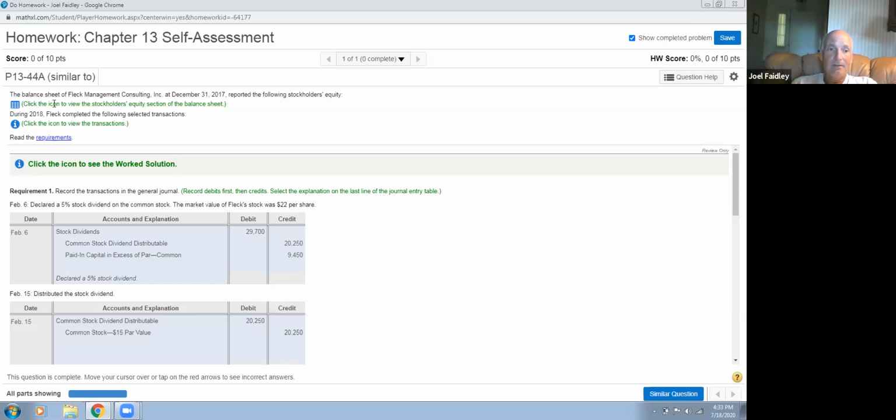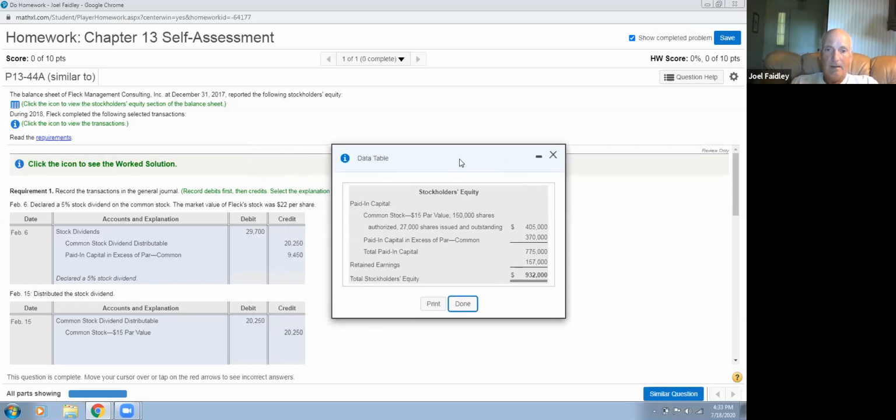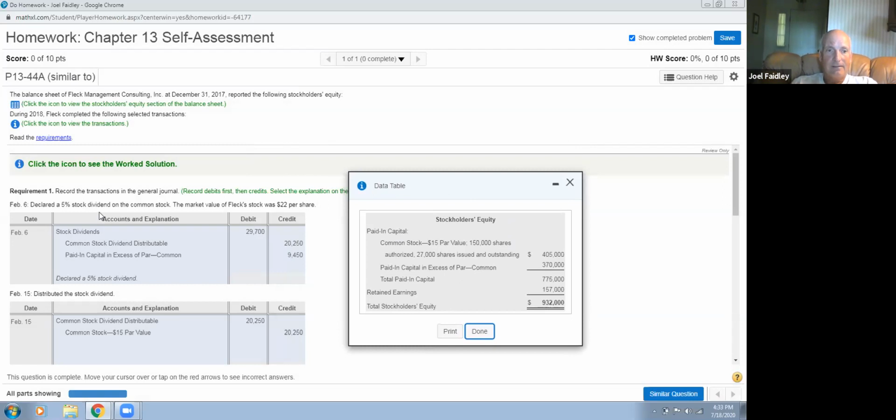And so it says here that, pull this up, a 5% stock dividend based on 27,000 shares issued and outstanding. So 27,000 times 5% times the market value, which is $22, right there it is, gives me $29,700.